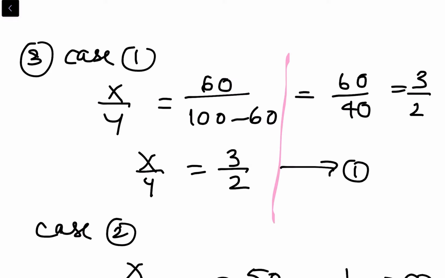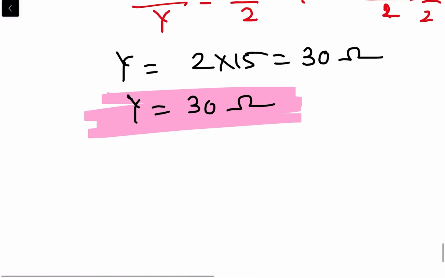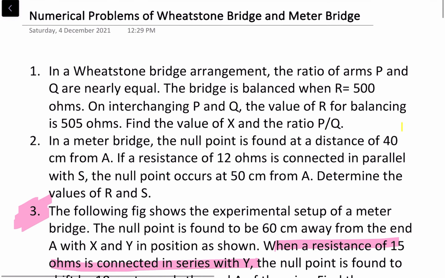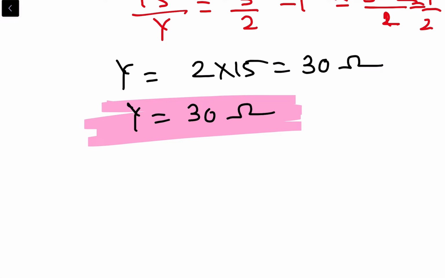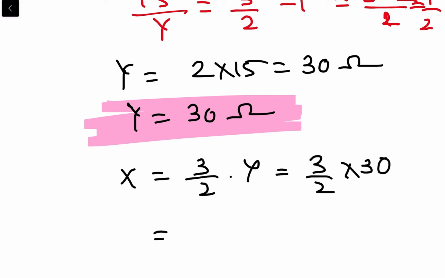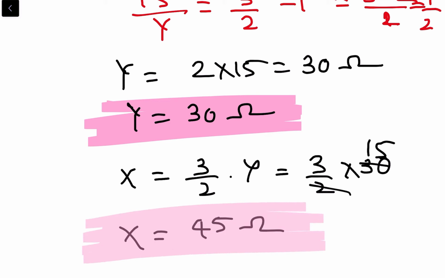Let us use that equation and find x, that is x is equal to 3 by 2 into y, that is 3 by 2 into 30, that is equal to 45 ohms. X is equal to 45 ohms. Now we got the second value. And the problem is not over.